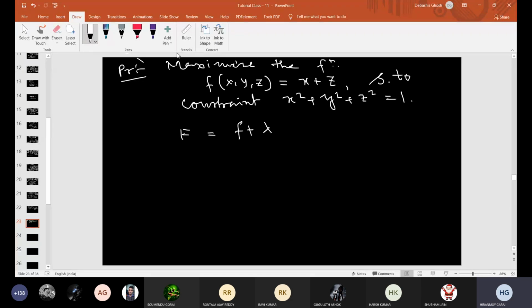Then take the differentiation, that is Fx, Fy, Fz and F lambda, and make all of them equal to 0.